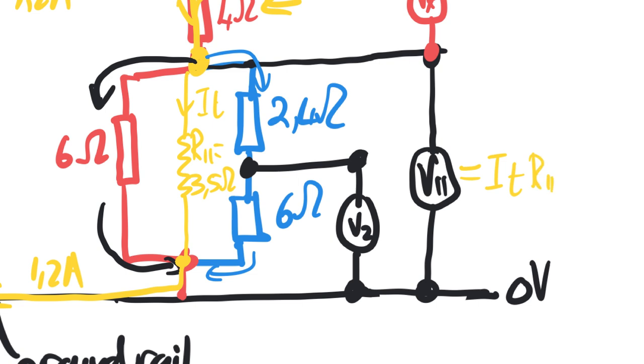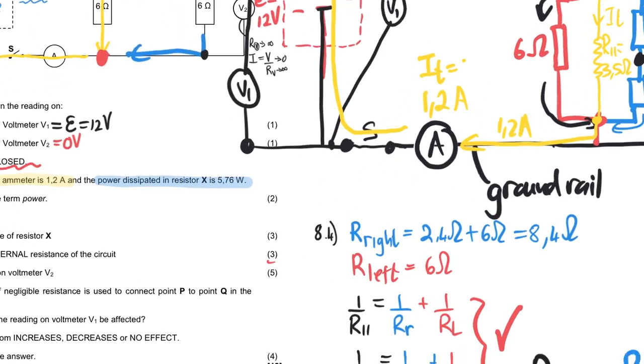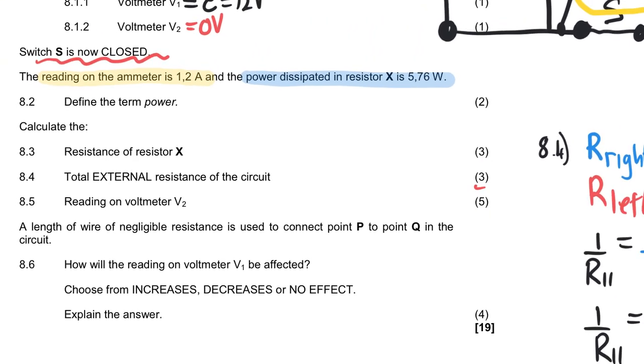And once we have that, we can then work out the current flowing through this branch, which would be V parallel over the combined resistances, which is 8.4 ohms. And once we've found that current, we can then work out V2. So we've got a plan of attack. Let's just look at what the mark allocation is. And voila, you can see that it is 5 marks. So this is going to require multiple calculations.